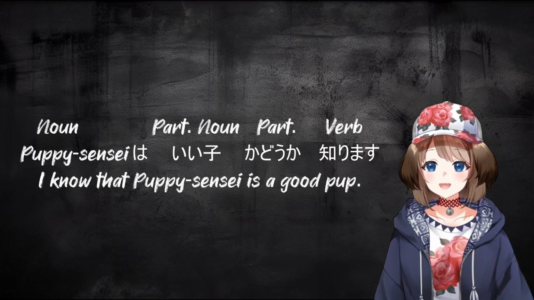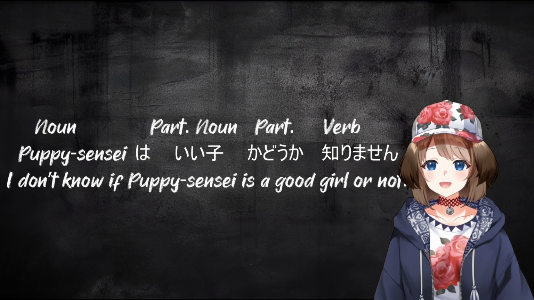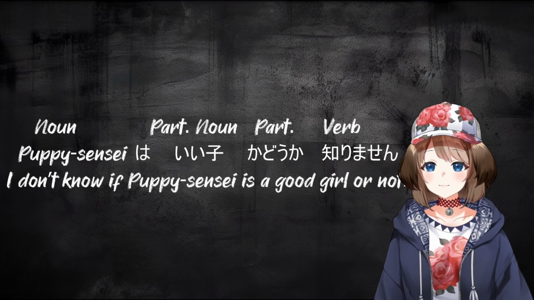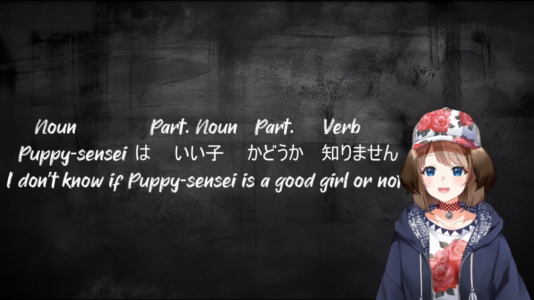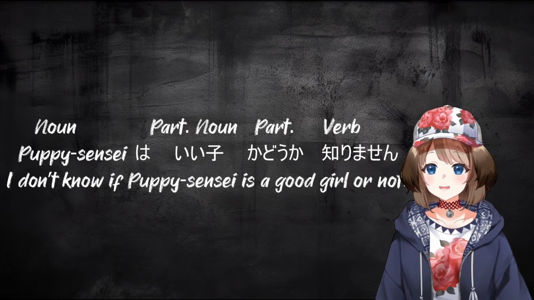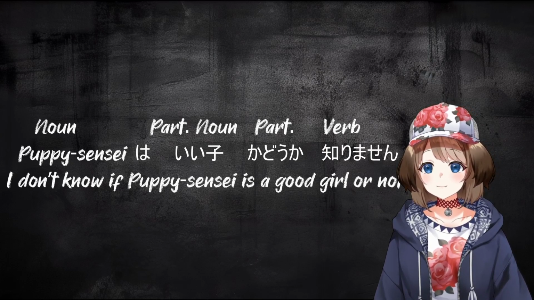However, we're also likely going to need to conjugate our verb as a negative too, right? And that's because in a ka sentence, more than likely we're expressing some degree of uncertainty about whether or not something is true. And so our best translation for that might be something like, I don't know whether or not something.